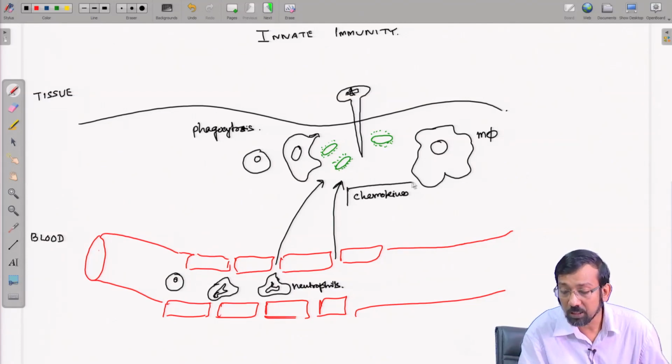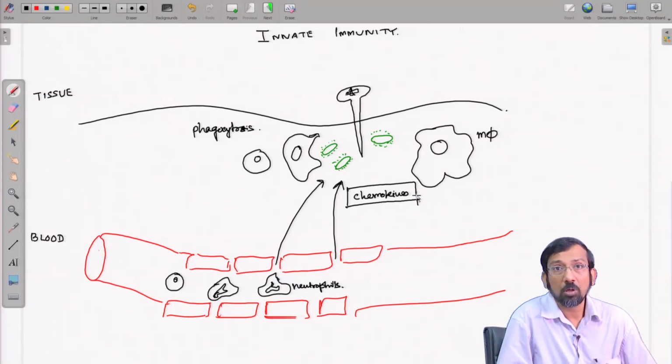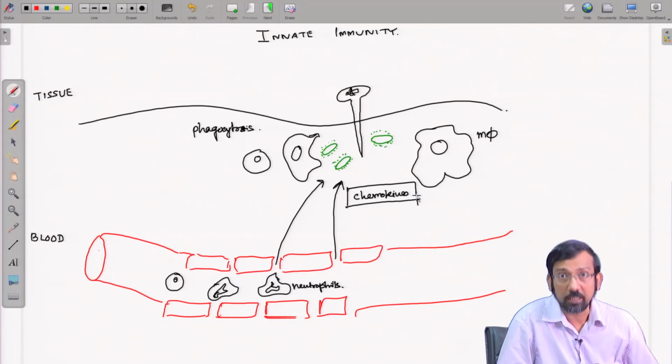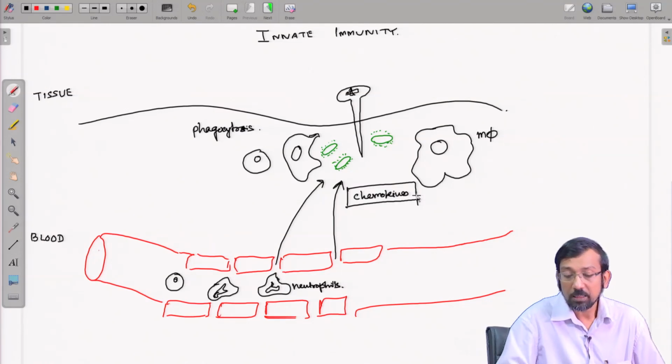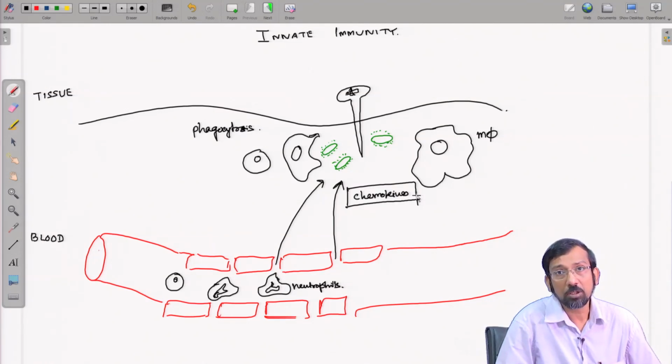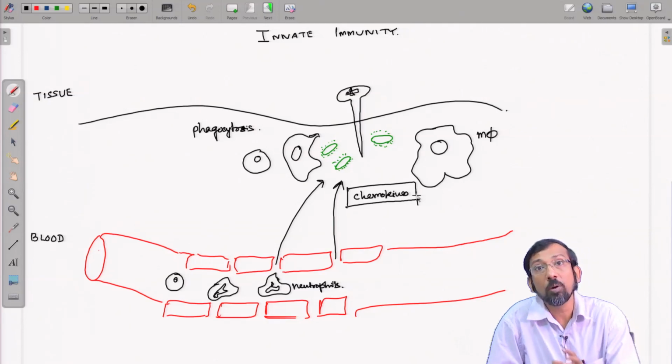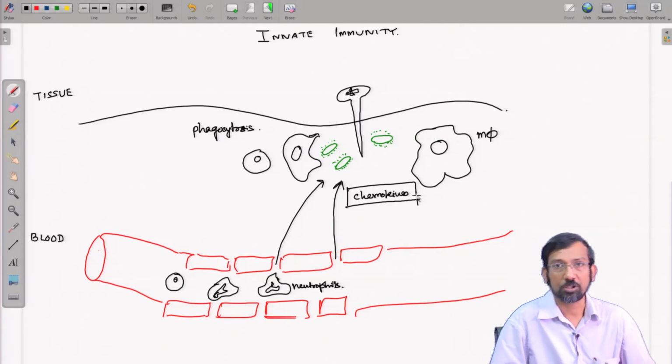Just for the time being, I am just using the terminology. So, for example, the chemokines, there are other mediators as well. These chemical molecules are chemoattractants. So, they will attract more and more of these cells of the immune system, like the neutrophils and the mast cells, to move to the site of action.